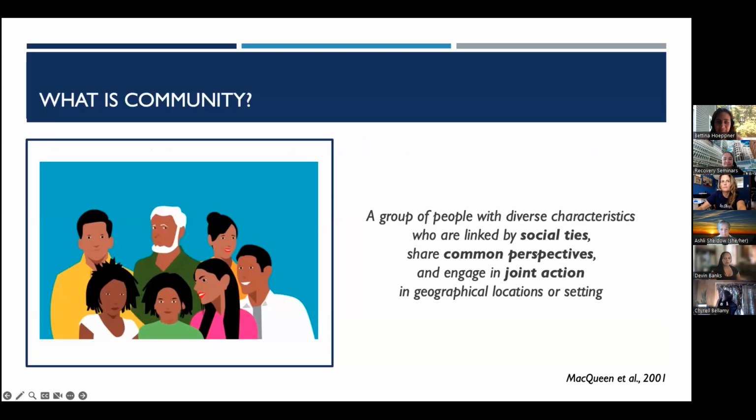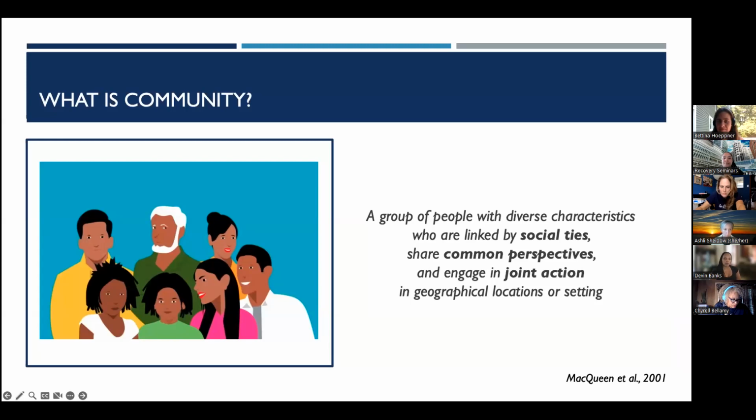So before we define community engaged research, maybe we can break down the term a bit and start to define first of all, what are we even talking about when we're talking about community? A community is typically defined, and this is an empirically based definition, as a group of people with diverse characteristics who have three characteristics. One, they are linked by social ties.